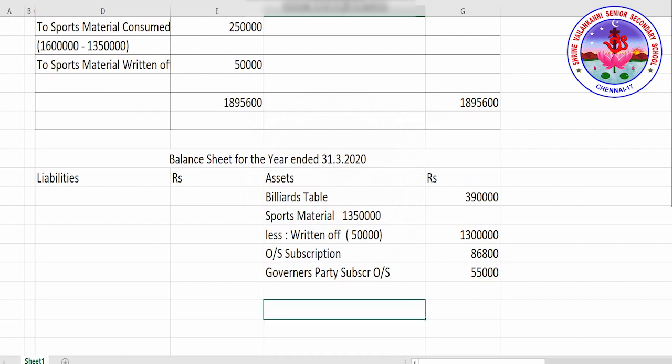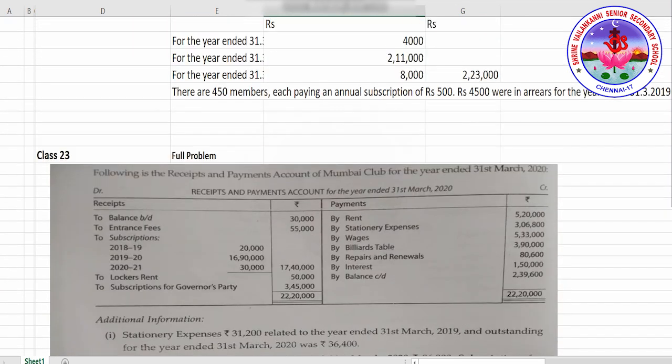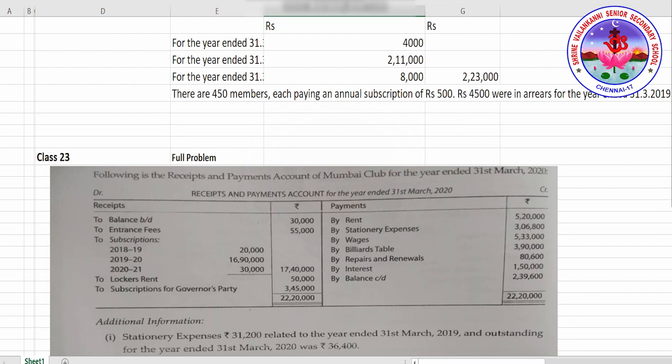I'm going to leave one space here. Add deficit of 13,800. Already there is a deficit.